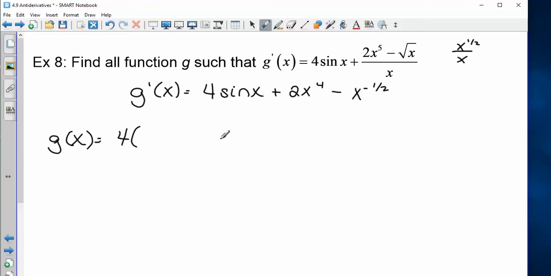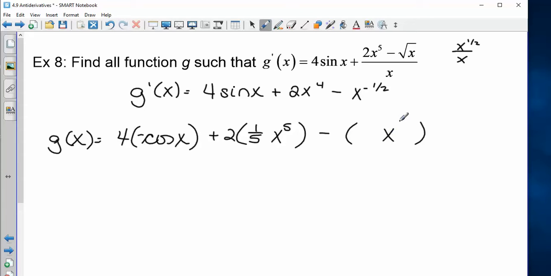4 stays. What's the antiderivative of sine? Negative cosine. Okay, I have my 2 x to the 4th. So that would become an x to the 5th with a 1/5 in front. Minus, okay, my x to the negative 1/2.